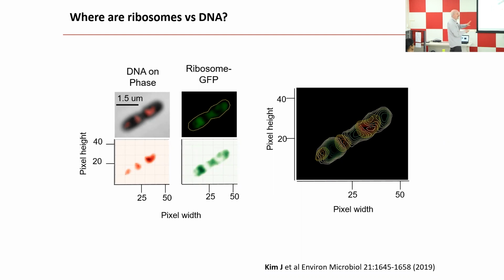Maybe with this light it is not very clear, but the signal of the ribosomes does not overlap with the signal of the DNA. So that means that the ribosomes and the DNA are physically separated. And remember that the DNA and the RNA polymerase are together instead.